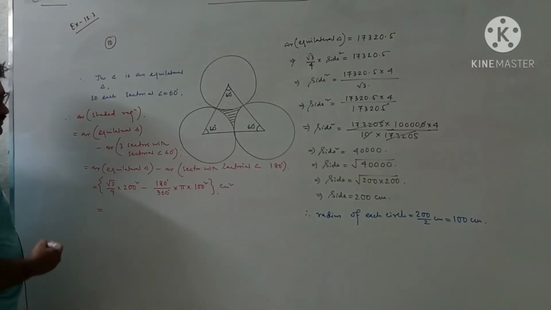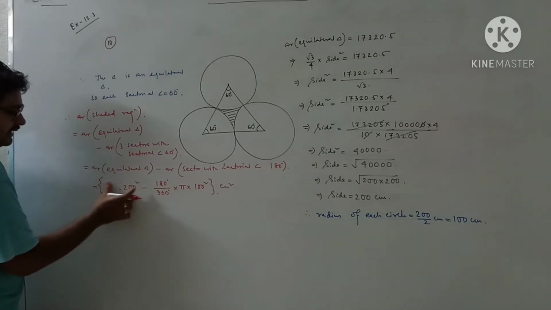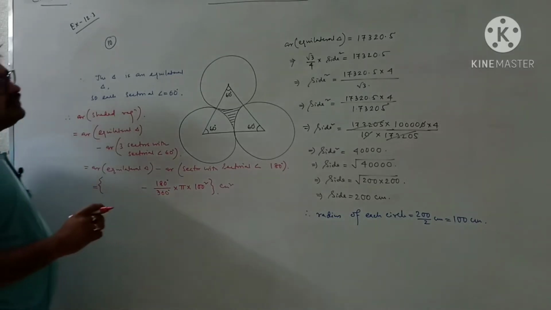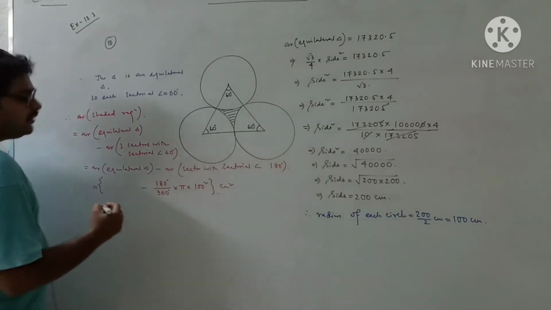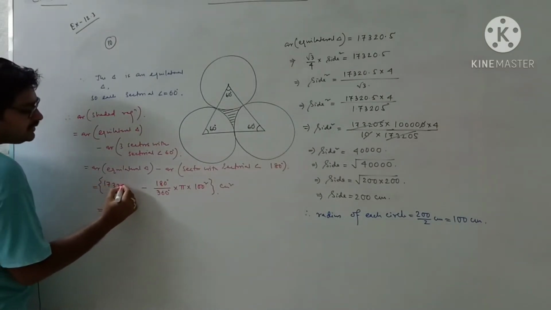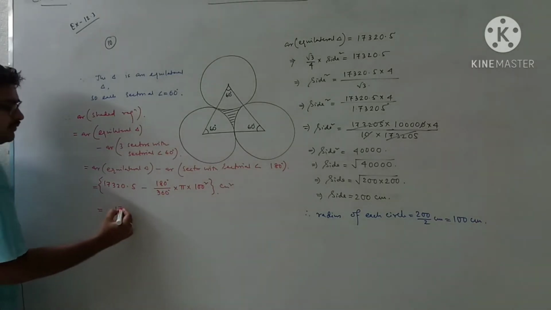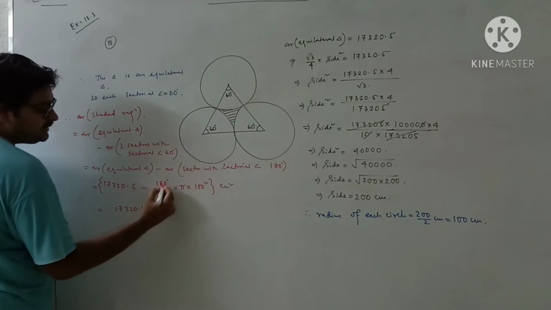Root 3 value we already know. The area of the equilateral triangle is already given in the question, so no need to write the formula like that. It is given in the question only. So directly put that value, 17320.5, to avoid a lot of calculation. So it is 17320.5. From there you can calculate it.